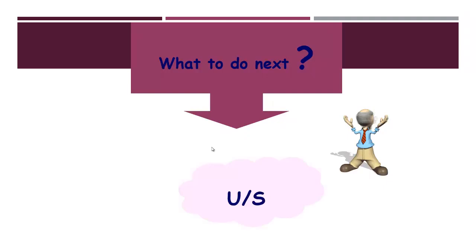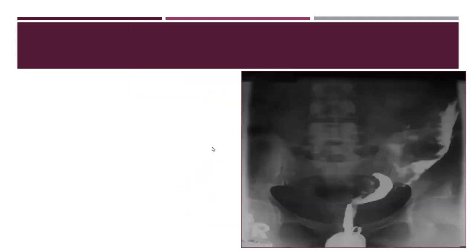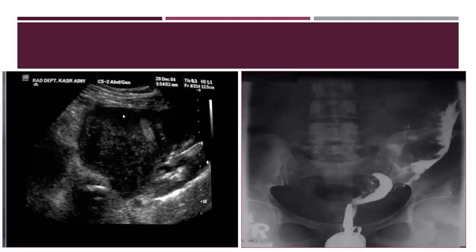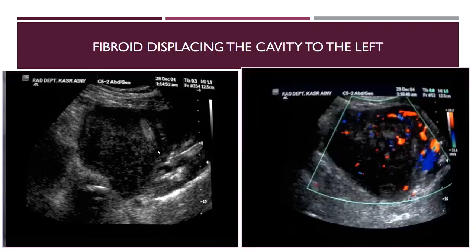So what to do next? When I find an abnormal contour of the uterus, I must do an ultrasound. I must have a look by ultrasound. In this case, it is just a large intramural fibroid displacing the cavity to the left side, and this fibroid is vascular, which explains why there is intravasation within it.